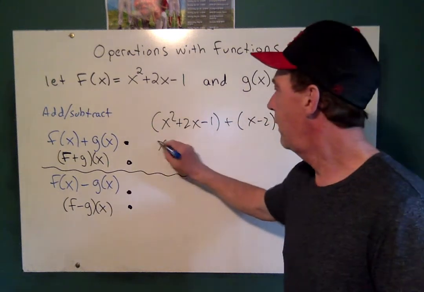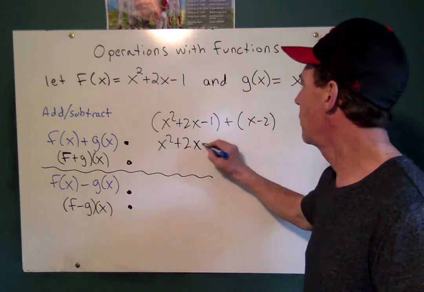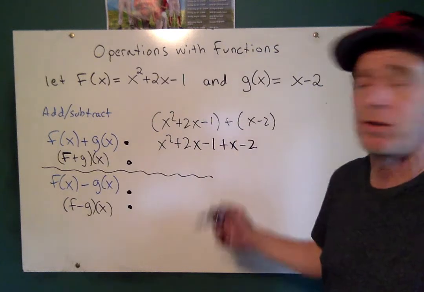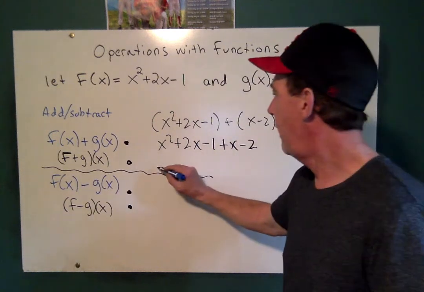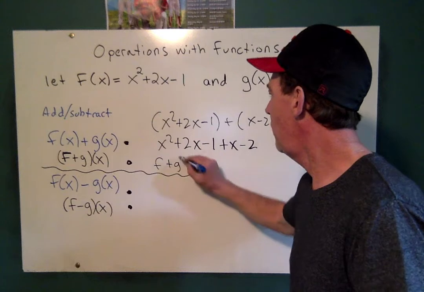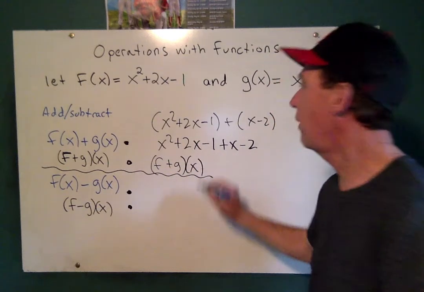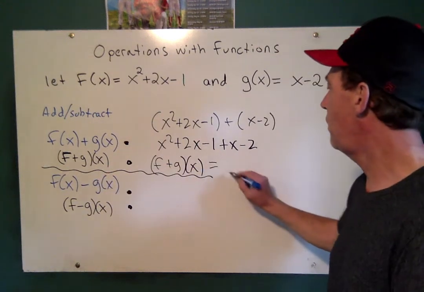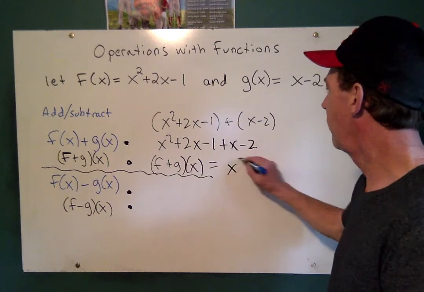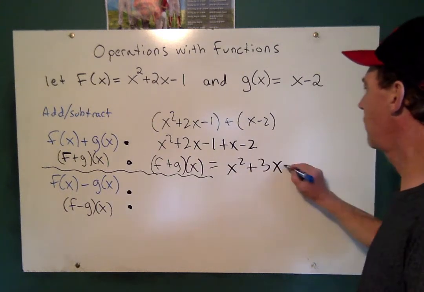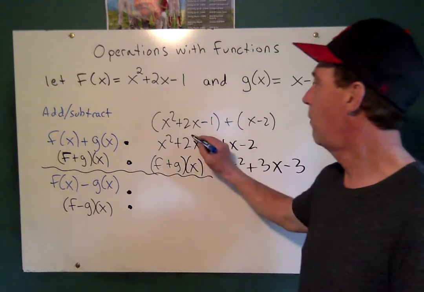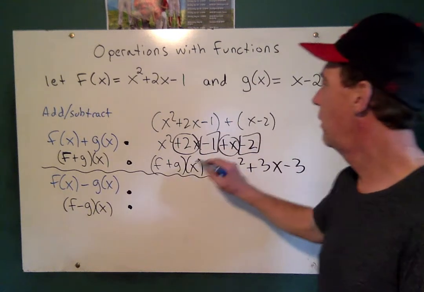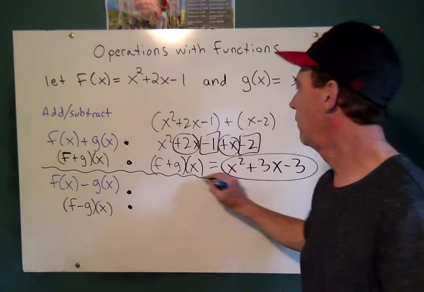So add x squared + 2x - 1 and then plus x - 2, combine your like terms, and that's it. So (f + g)(x), which is another way to write this addition problem, is equal to x squared + 3x - 3. And that would be your final result.